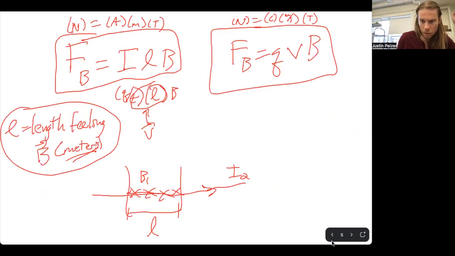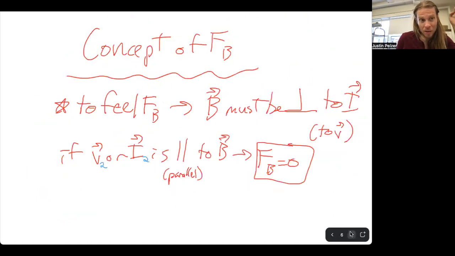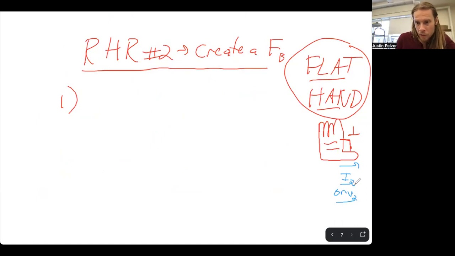You need to know B1, creating the force, and you need to know the one feeling it. Careful. One is creating, one is feeling, right? So this is I2 or V2 vector. The fingers are the field, B1. And your palm, which is in the third dimension, is the force.